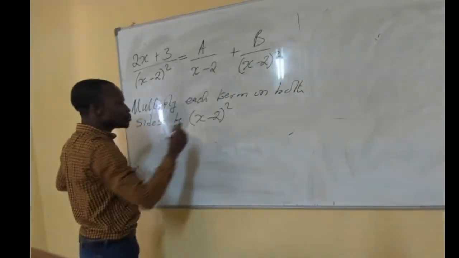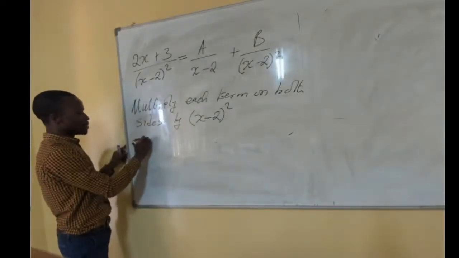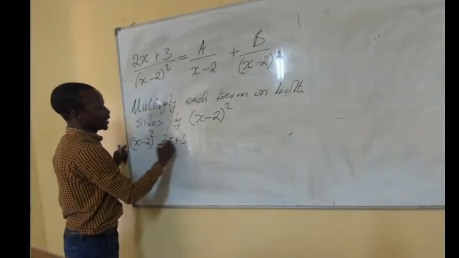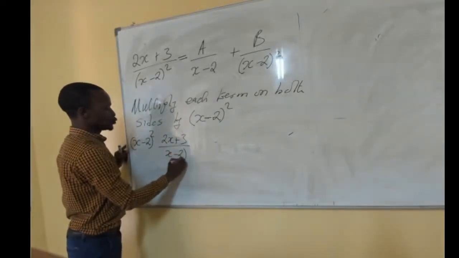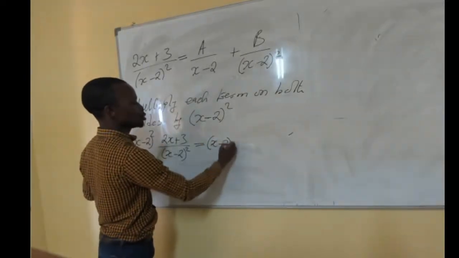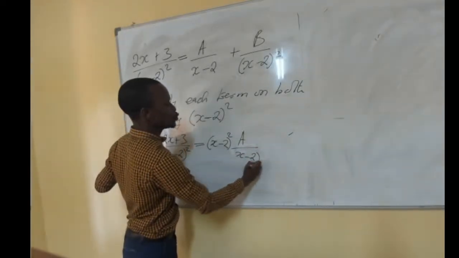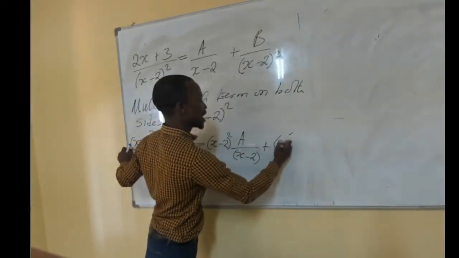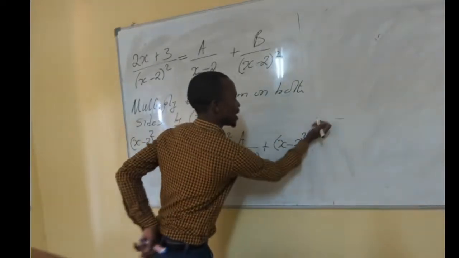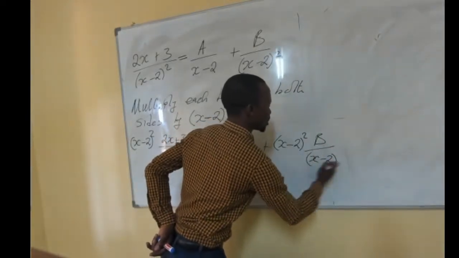So now, when you multiply it, what you're going to get is this. So we are going to get the square of x minus 2 times 2x plus 3 over the square of x minus 2 is equal to the square of x minus 2 times a divided by x minus 2, then plus again the square of x minus 2 multiplied by b over the square of x minus 2.